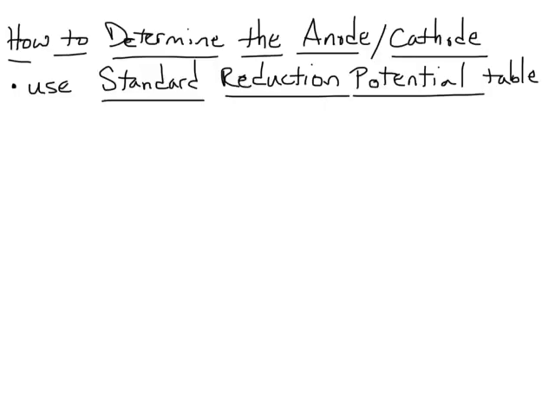I've made copies of the standard reduction potential, laminated I believe. They should be on top of the bookshelf with all of our other periodic tables and equation sheets. You guys know where that is. So do me a favor, pause the video really quick if you need to, but have access to that standard reduction potential table. Go get one.